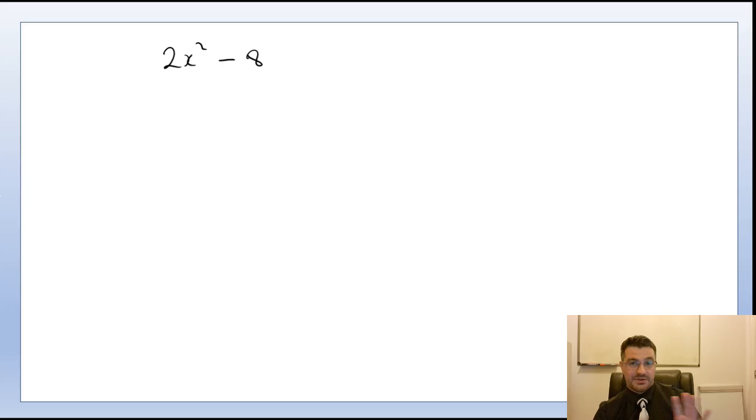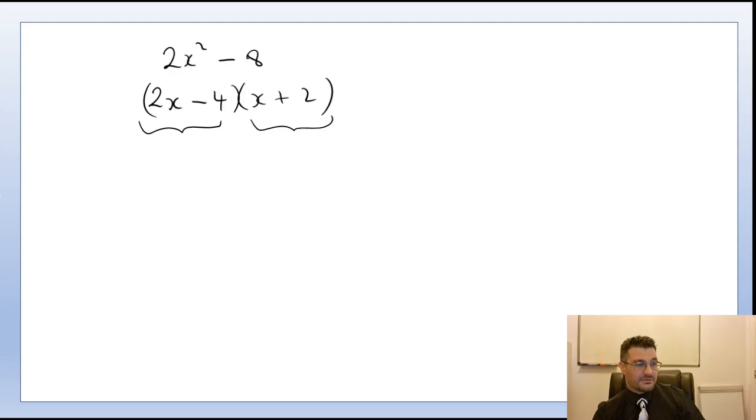I'm actually going to leave it there because this is the point that I want to make. So this can factorize to, for example, and it's not the only possibility, (2x minus 4)(x plus 2). So 2x squared plus 4x minus 4x minus 8. So we get 2 factors here, 2x minus 4 and x plus 2.